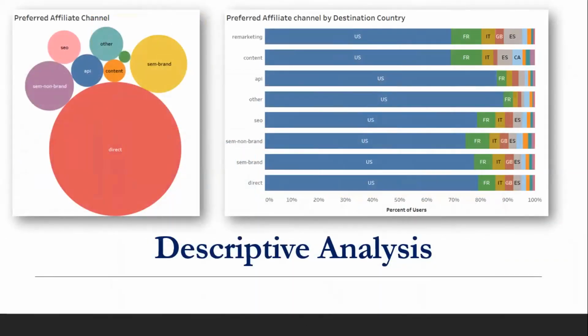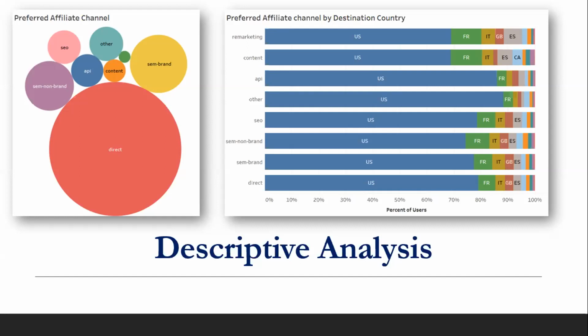This is the marketing data, and we can see that direct marketing is the most effective marketing method, indicating people tend to visit the Airbnb website directly. This is followed by search engine marketing techniques. These affiliate channels used by users indicate a preference for the US, which is dominant in all the channels, followed by France and Italy.